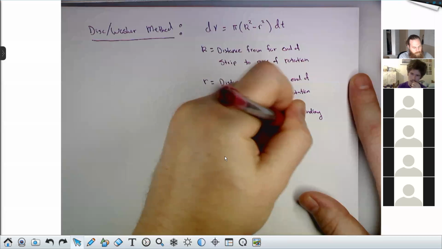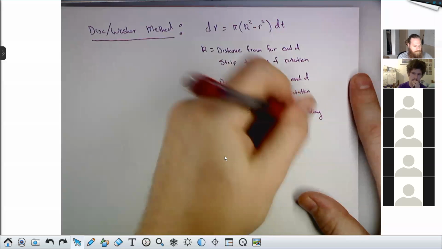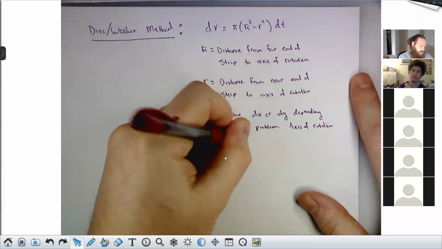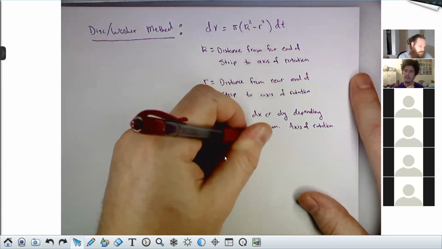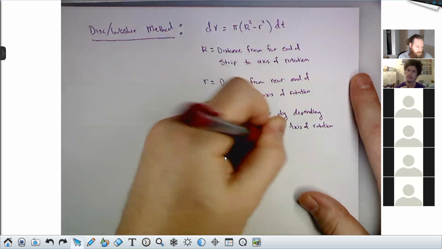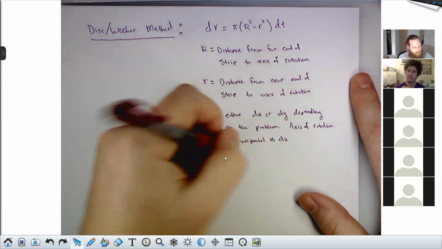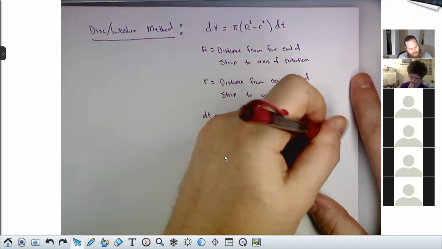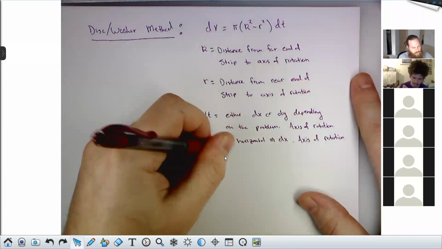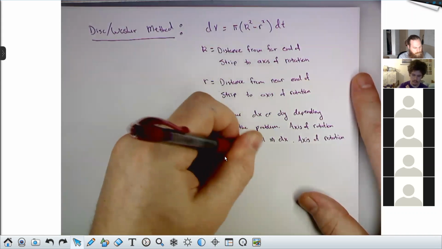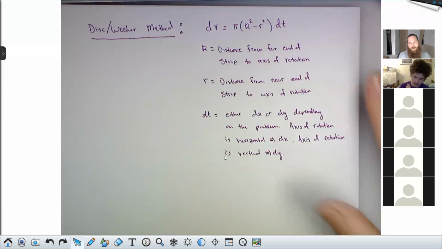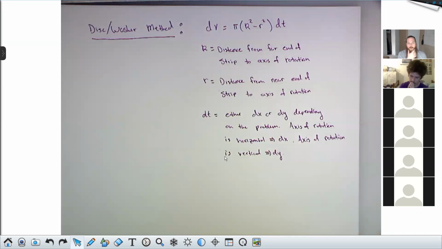If your axis of rotation is horizontal, then you'll use a dx. If the axis of rotation is vertical, then you'll use a dy. And the last thing I'd like to do right now is show you guys one of these where the axis of rotation is vertical.